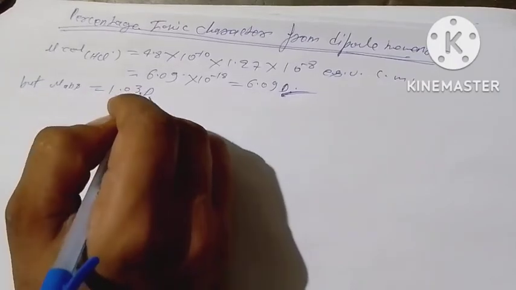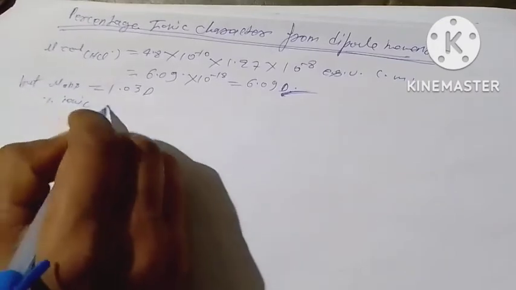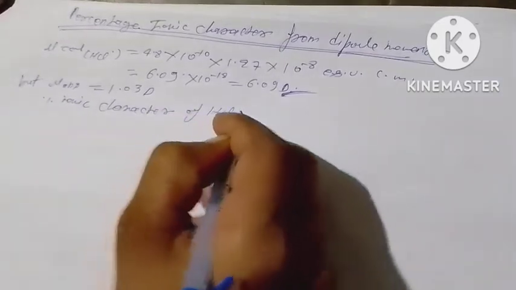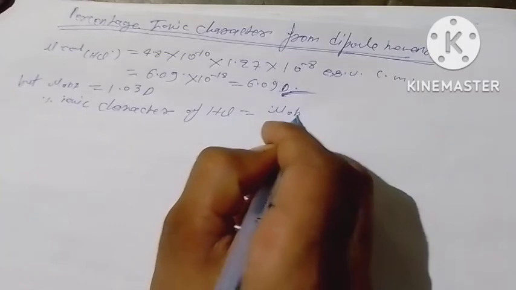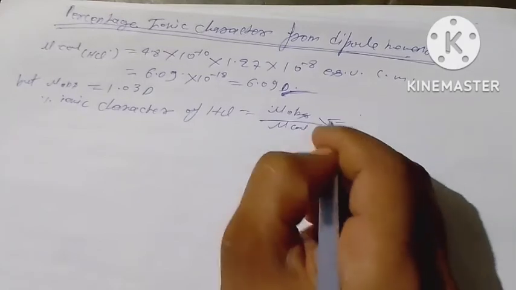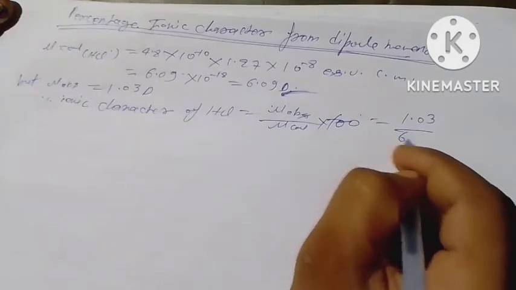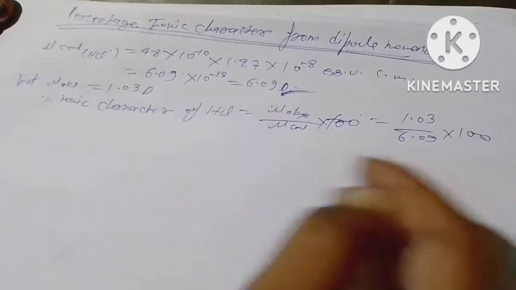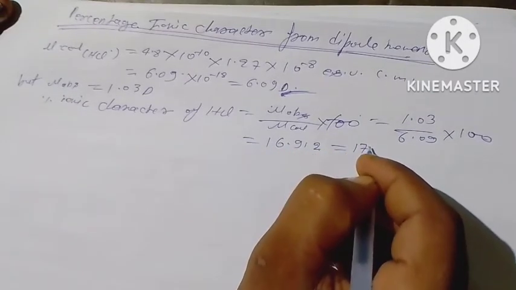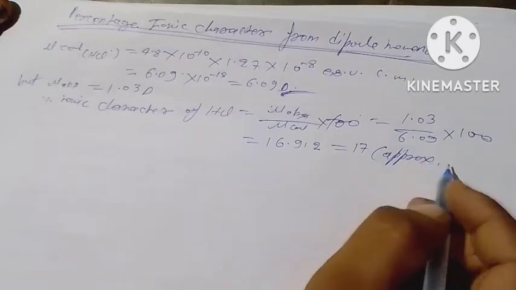1.03 D. Percentage ionic character of HCl is mu observed upon mu calculated into 100, equal to 1.03 upon 6.09 into 100, that is 16.912, approximately 17%.